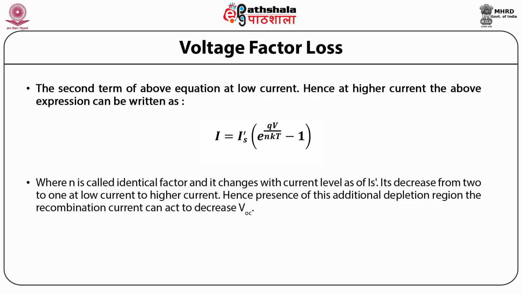It decreases from 2 at low current to 1 at higher current. Hence, the presence of this additional depletion region recombination current can act to decrease the VOC.